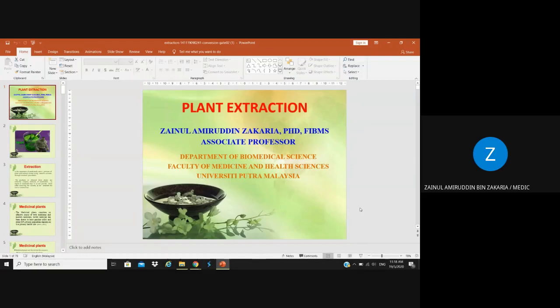So that's why when researchers do research on medicinal plants, the aim at the end of their study is to isolate the bioactive compound, to get a pure compound. So normally when you do research, you need to collaborate with a chemist, a medicinal plant chemist.